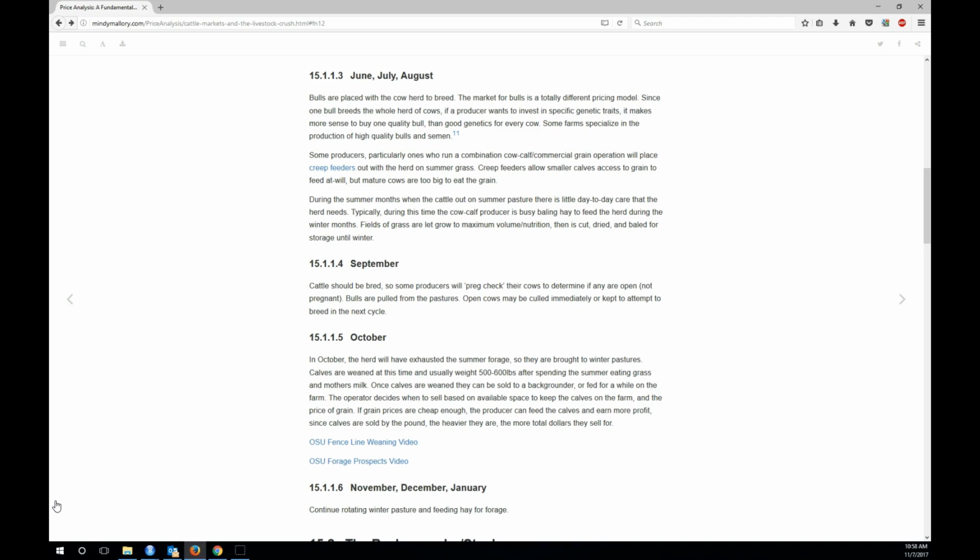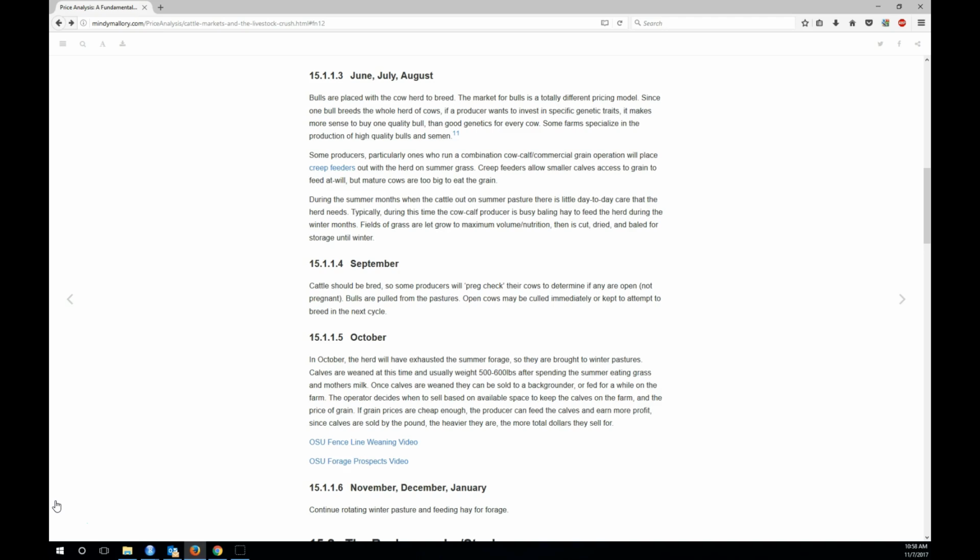The other thing that happens in September is that all of the cows should be bred, and so oftentimes producers will do what's called a preg check, and that means a vet comes out and determines if the cow has been successfully bred. And any of the cows that are open, which means not pregnant, the rancher will decide whether they're going to cull them immediately or if they'll keep them around and give them one more chance to get bred.